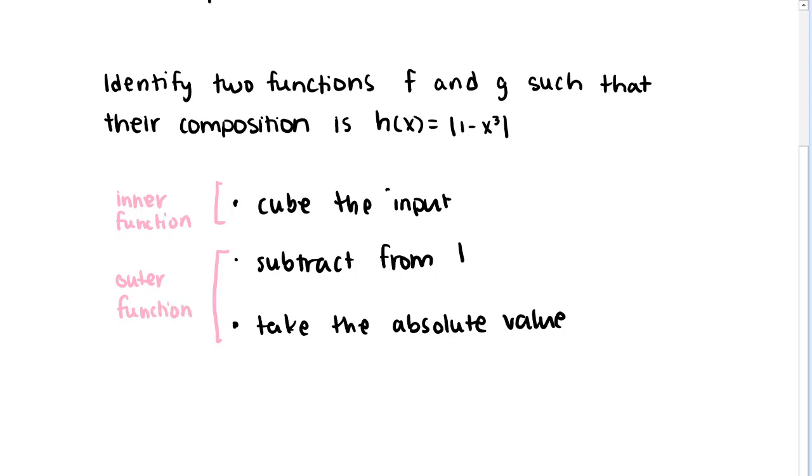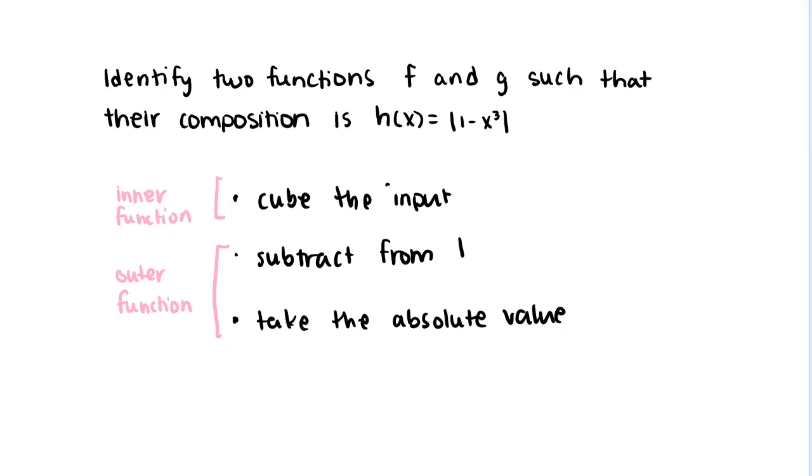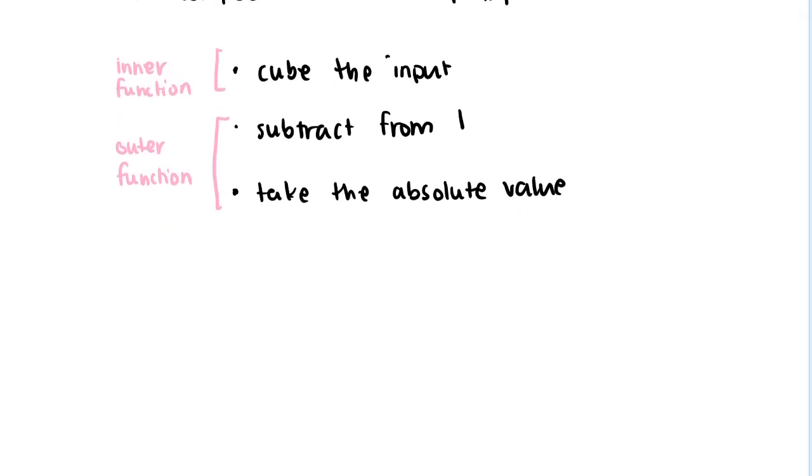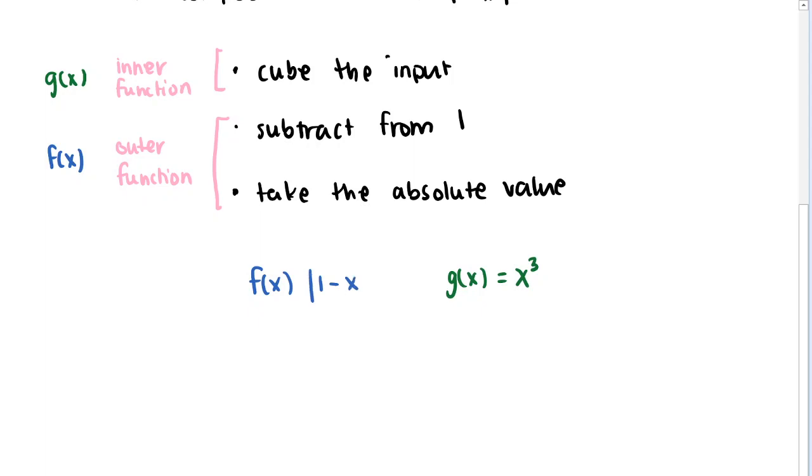And so how would that work? Let's say g is my inner function, and f is my outer function. Then I can imagine writing this as: my inner function is the cubing function, x cubed, and my outer function is the take away from one function, and then take the absolute value of that.